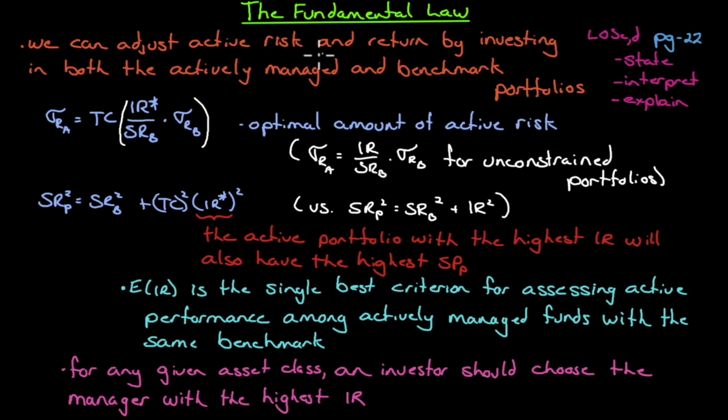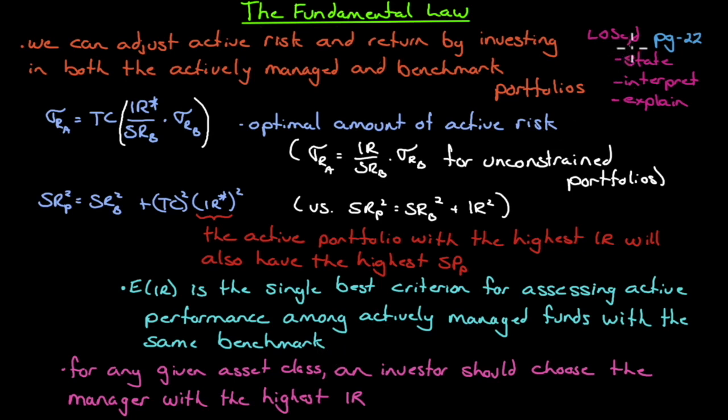So we can adjust active risk and return by investing in both the actively managed and the benchmark portfolios. So let's see how this is done. The expected information ratio is the single best criterion for assessing active performance among actively managed funds with the same benchmark.